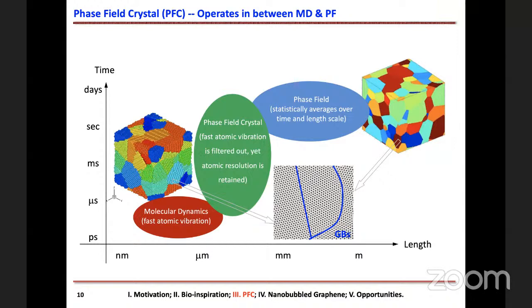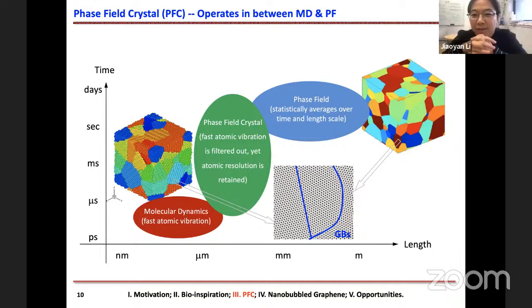Have you tried the phase field model before, or you still stick to the molecular level? So for this particular project, we didn't use the phase field model, but I know there are some packages and open source code that are ready for users to use directly. So there are some demo code and examples that we can follow pretty well.